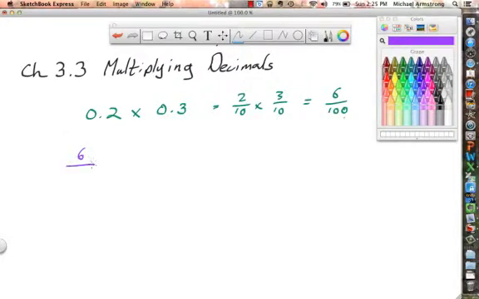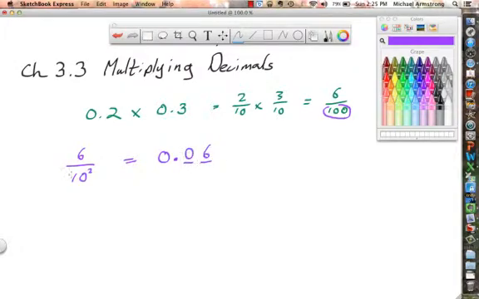The book wants you to understand that 6/100ths is the same as 6 over 10 to the second power. 100 is 10 to the second power. And they want you to understand that when it's a fraction, this 10 to the second power tells you that you're 2 places over in your decimals. So we add 2 places after the decimal, put our 6 in, and fill in the 0.